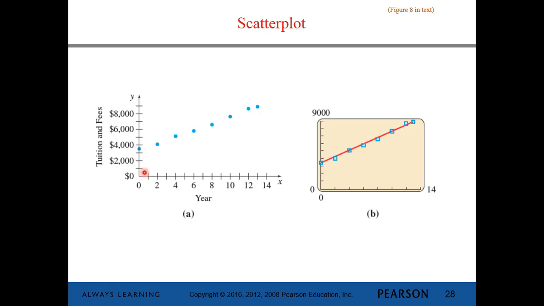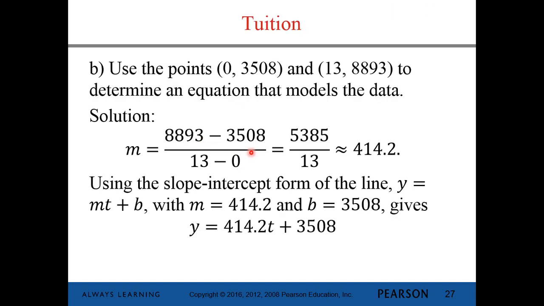If I remember right, they used this one and the last one. Yep, part B says to use these two points, so the first one and the last one are the two points that they used.